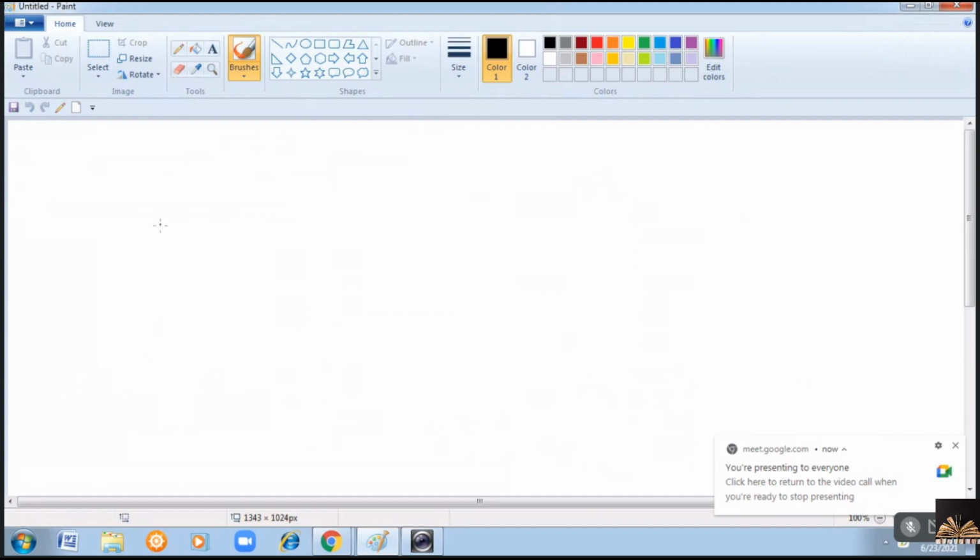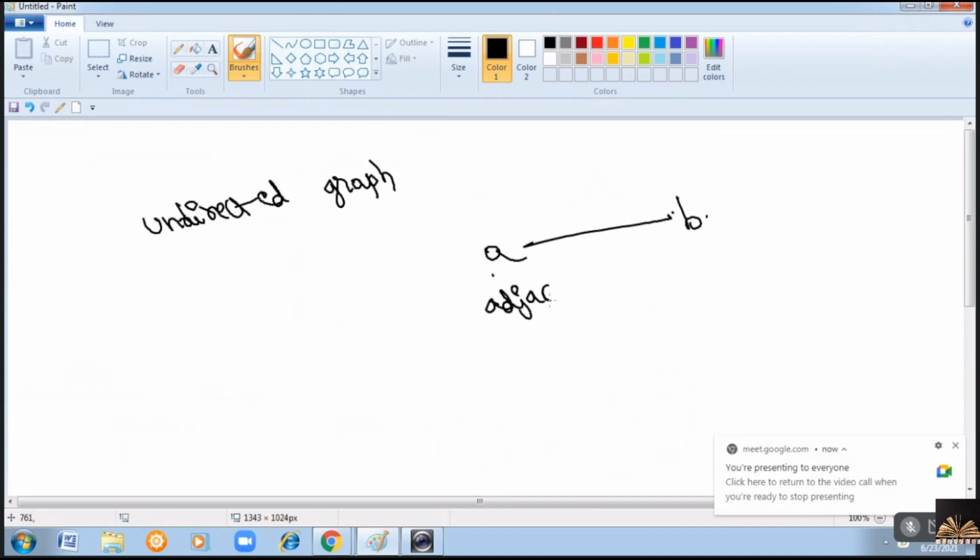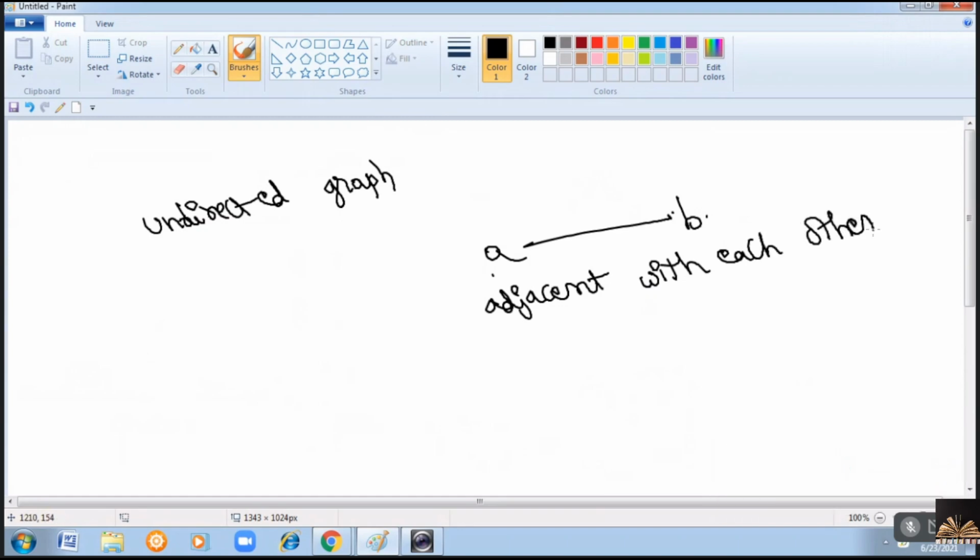So in case of an undirected graph, if an edge is formed between any two vertices, then we'll call them adjacent with each other. Those vertices are adjacent with each other, and we'll also call those vertices end points in case of an undirected graph.